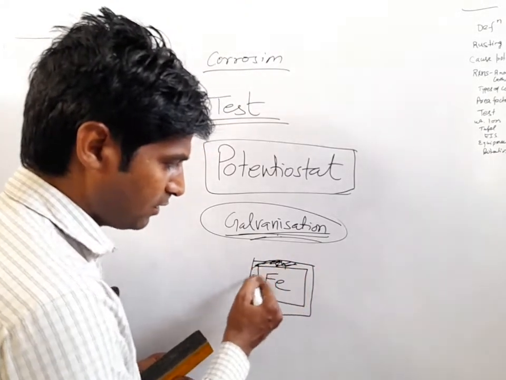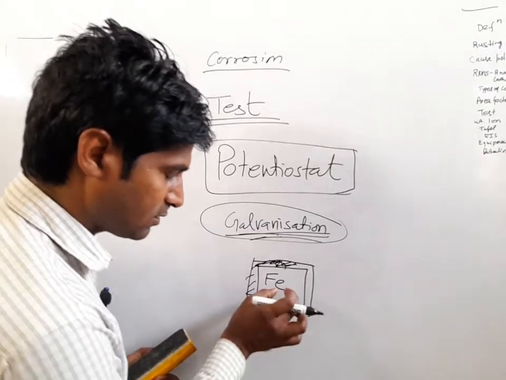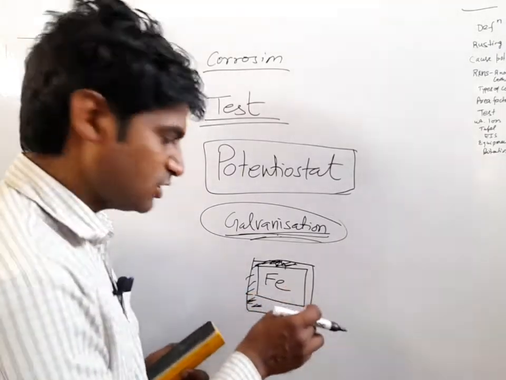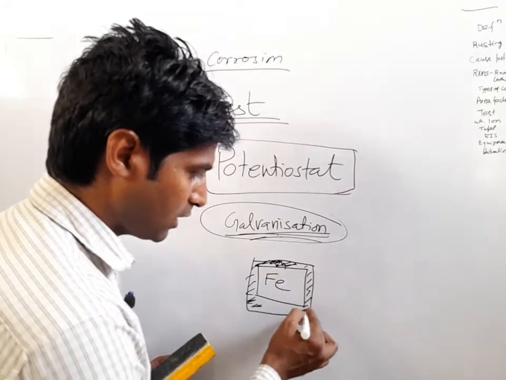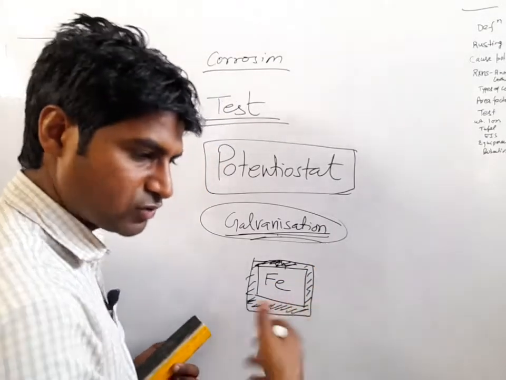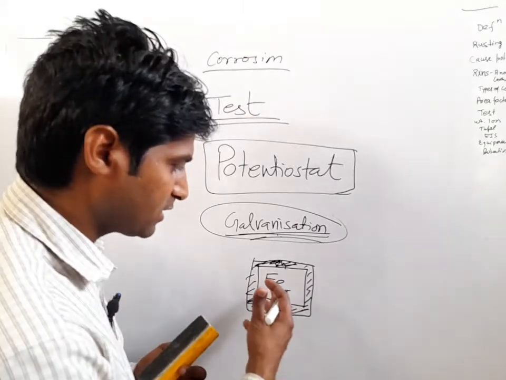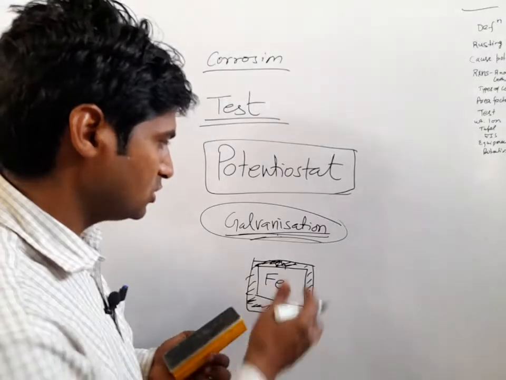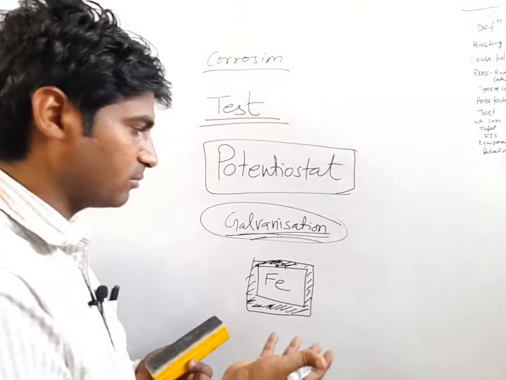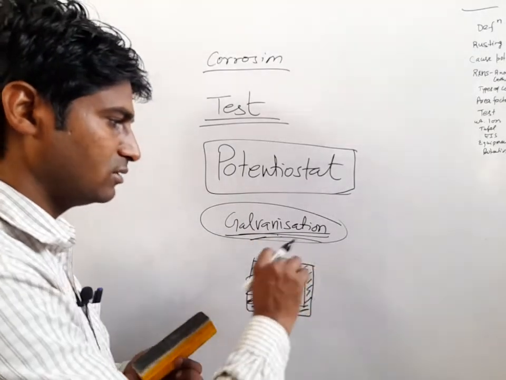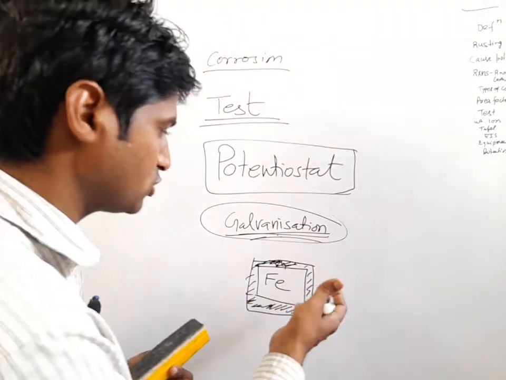It will protect the iron, and in place of the iron, the zinc will corrode. Hence it is a kind of sacrificial coating. Sometimes the term galvanized steel is used: steel is galvanized with zinc, or a zinc coating is used on steel.